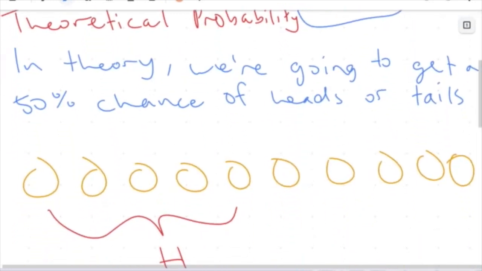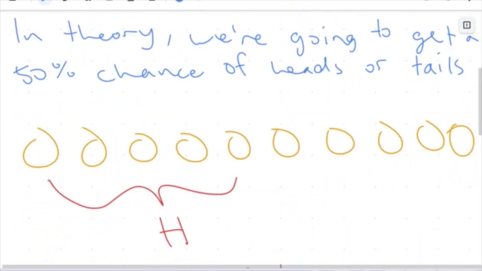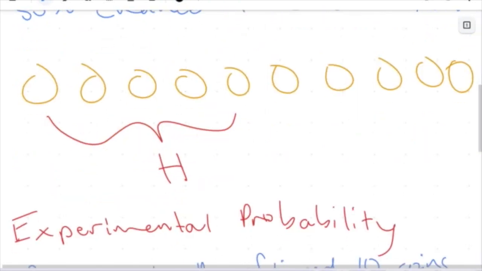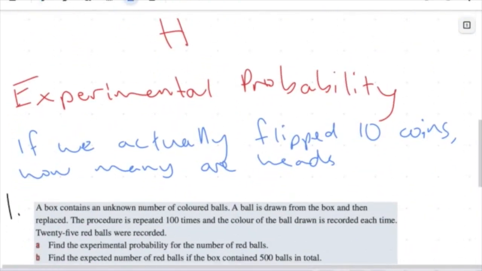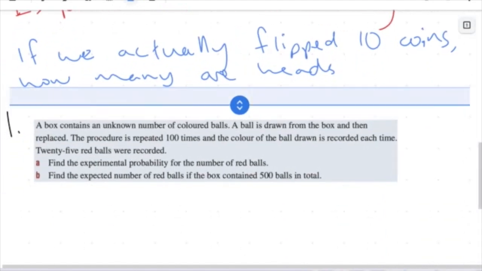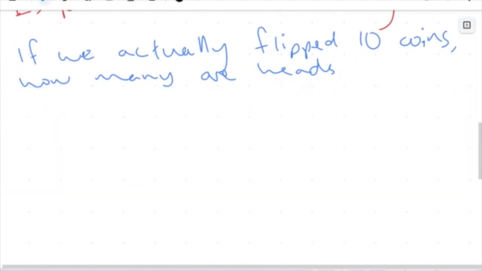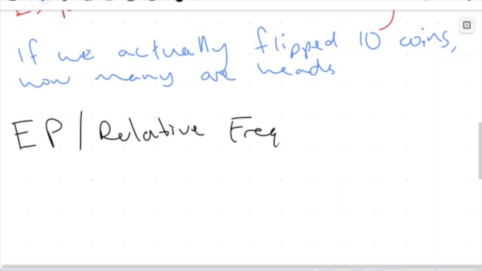And the way we measure experimental probability is very similar to theoretical. We calculate our experimental probability. In some textbooks, they call this relative frequency. So relative frequency, but let's just call this RF.